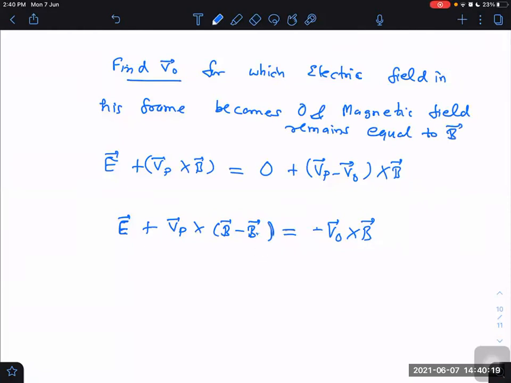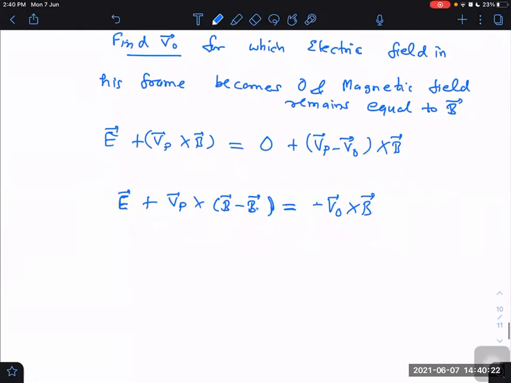What is the value of VO required? VO we are getting from here now. This is becoming 0. So we are getting E is equal to minus of VO cross B.